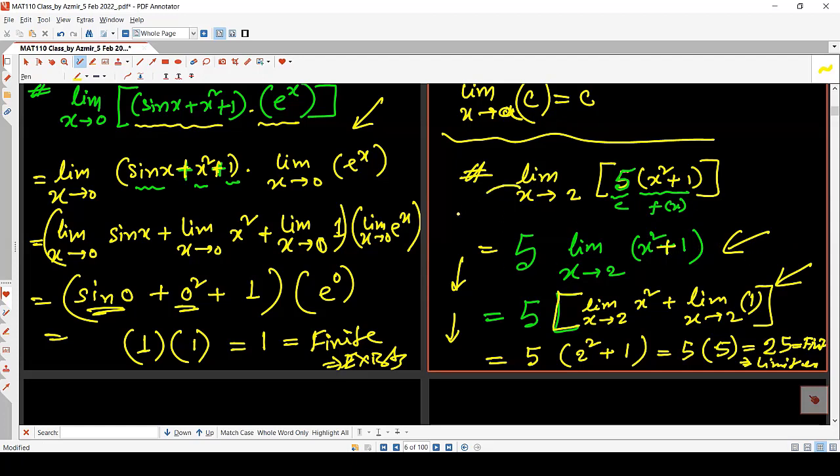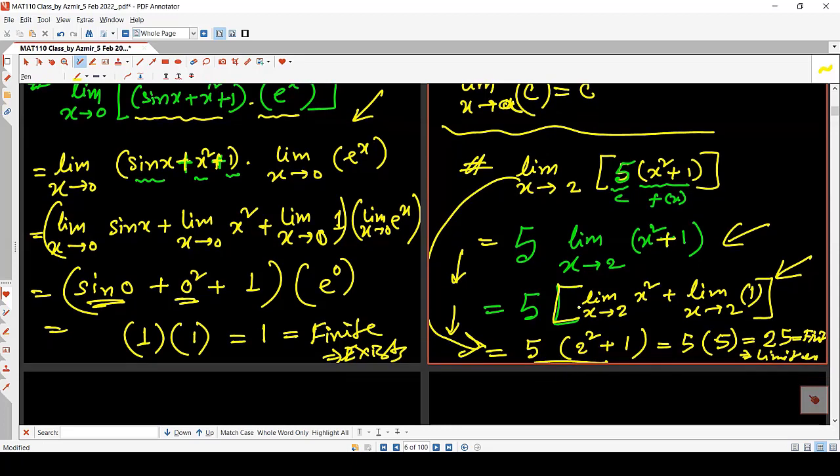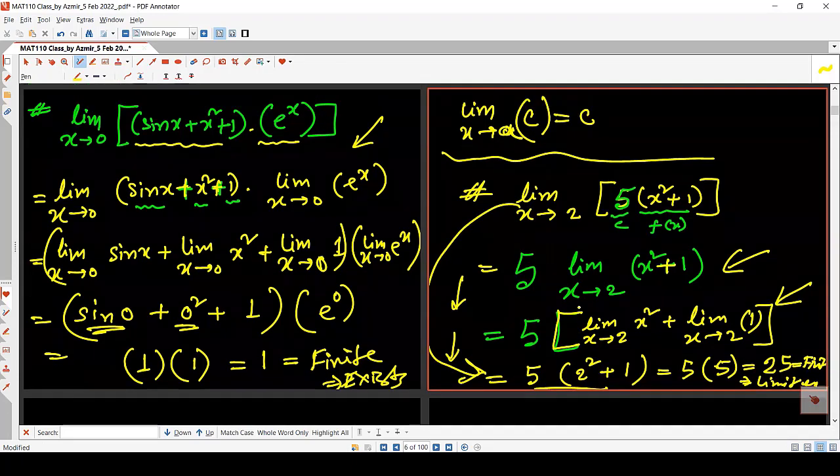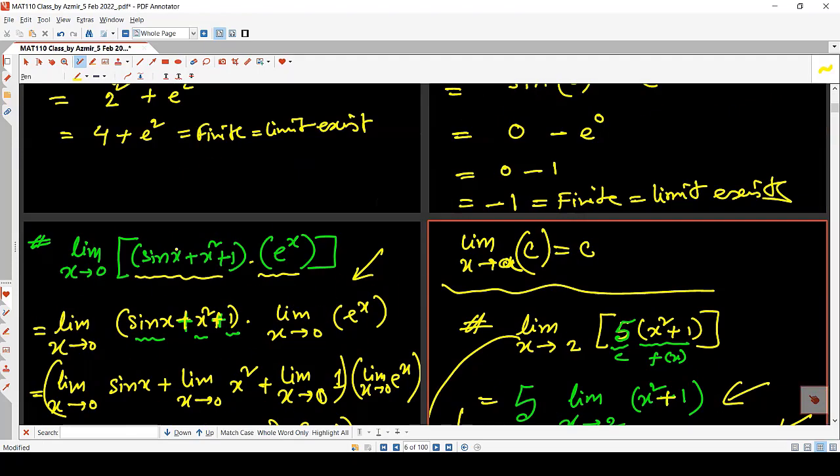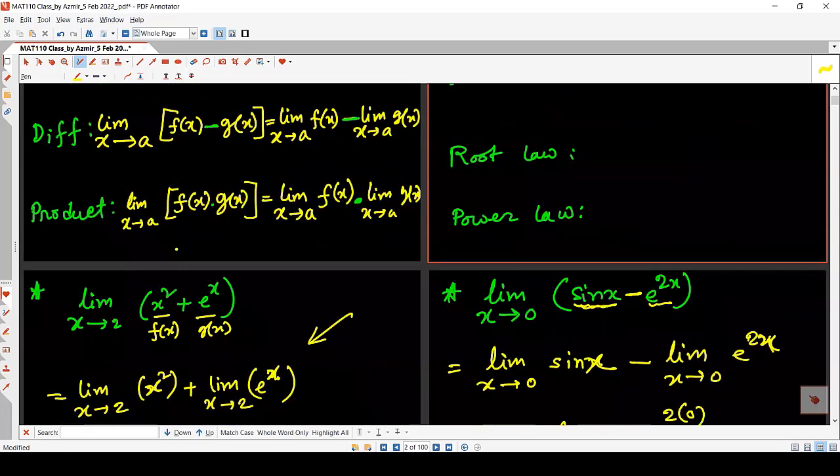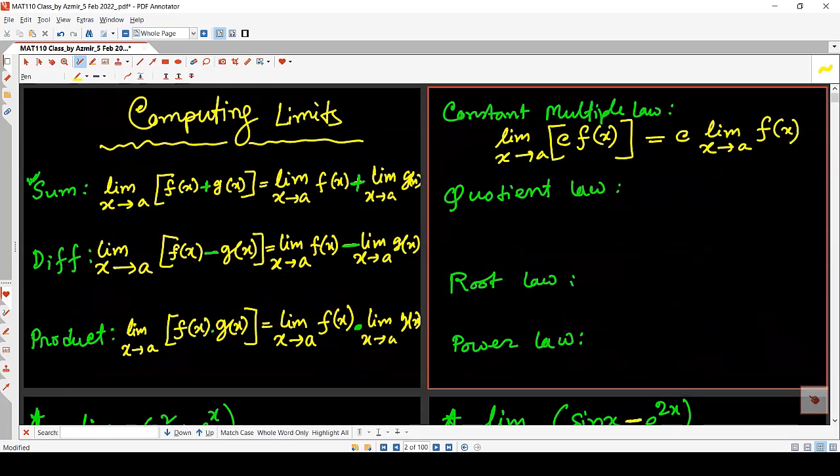You can directly find the result by writing this. The reason behind showing all these properties is that we need to know how the properties can be applied to compute the limits of a function.